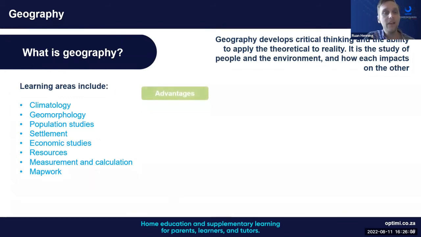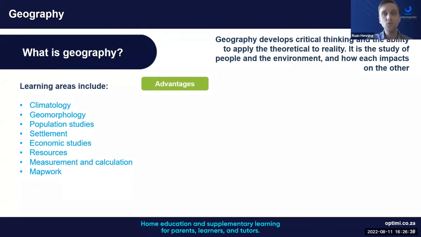Hence, we learn to develop an appreciation for geography and the planet that we live on and its environments. So geography is a subject that develops critical thinking skills and the ability to apply what we learn in the subject into reality.